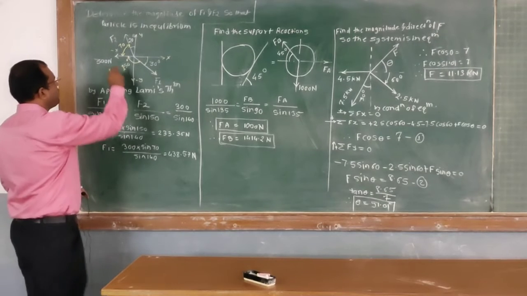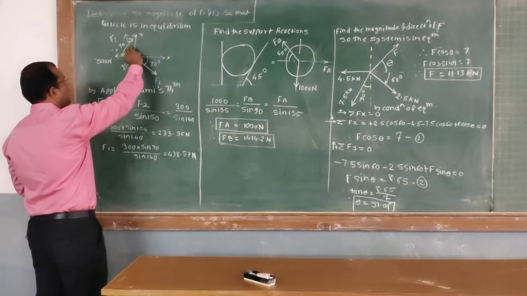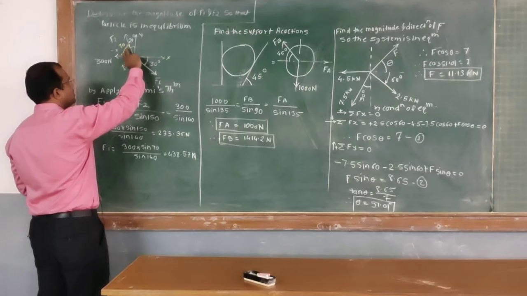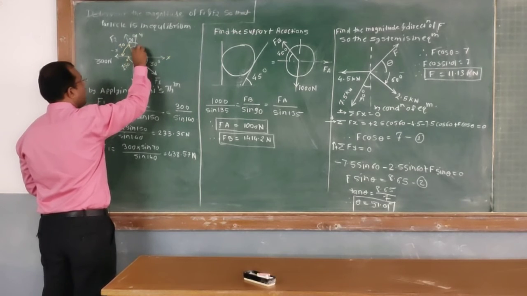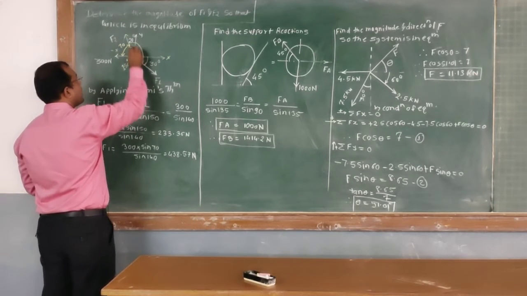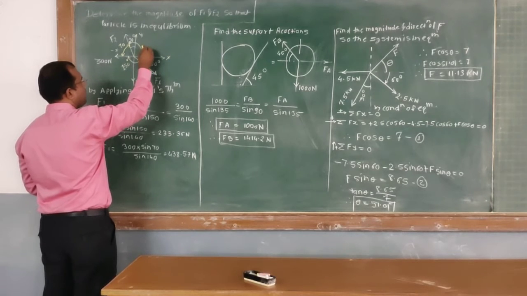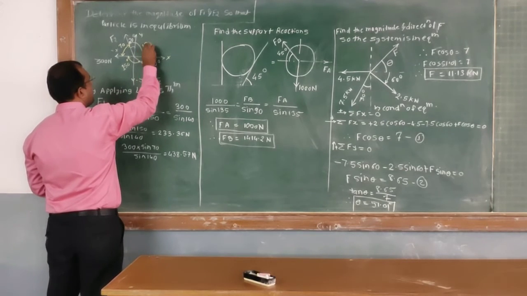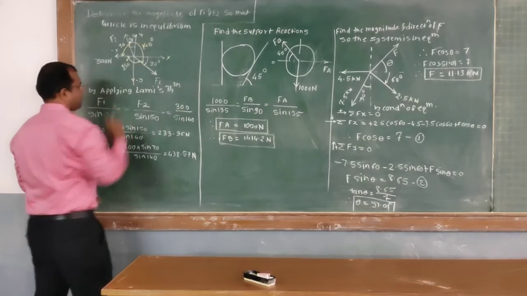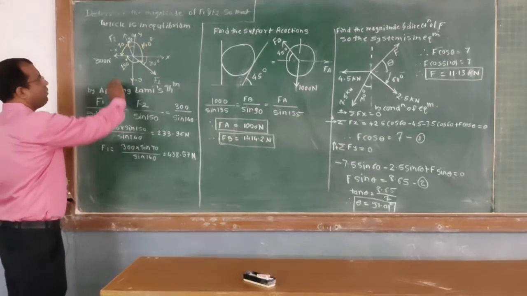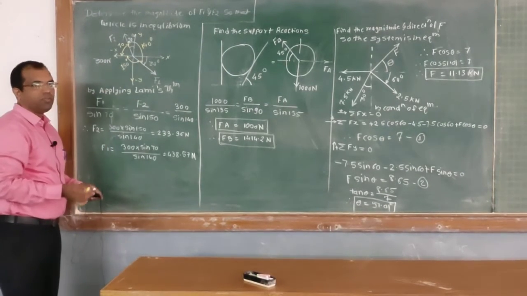Now when we take this force, the angle between the remaining 2 forces is this one. This total angle is 90 plus 20 plus 30, so 90 plus 50, that is 140 degrees. Thus we are able to find out the angles between all the forces.